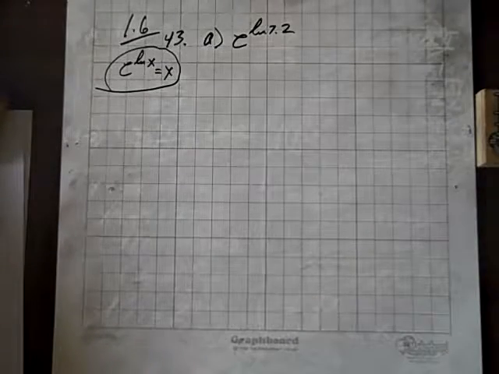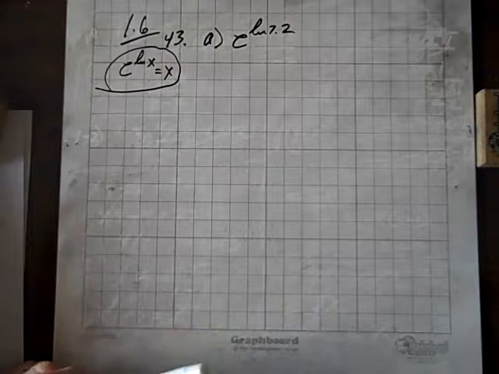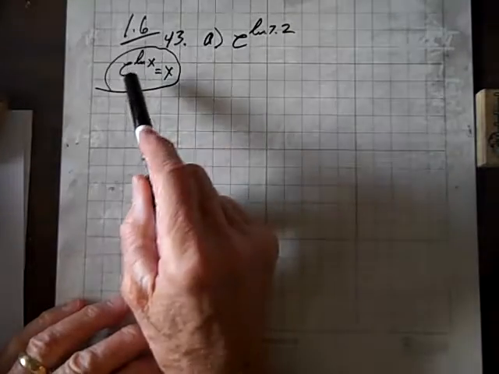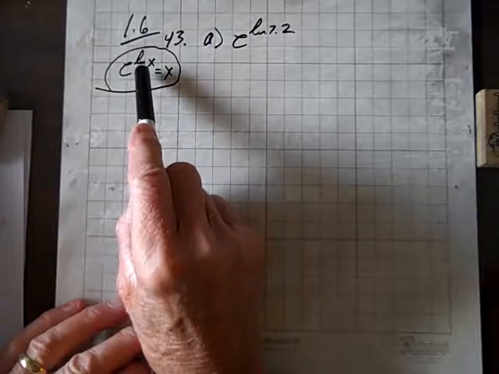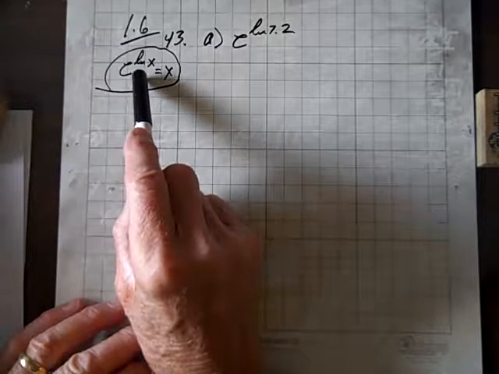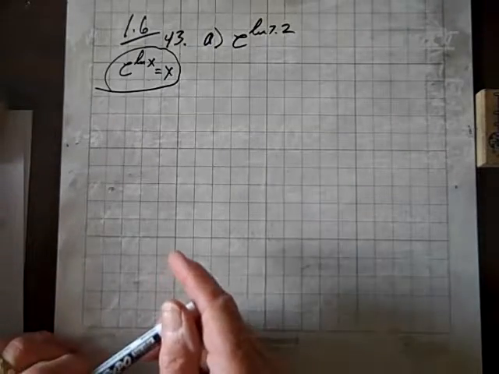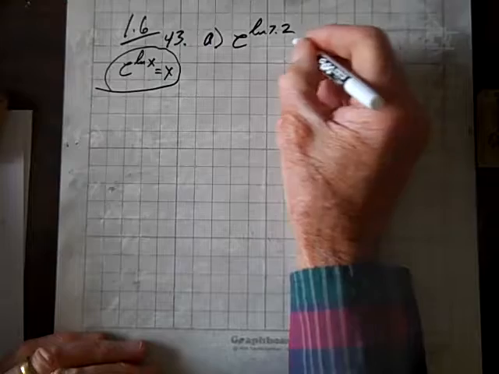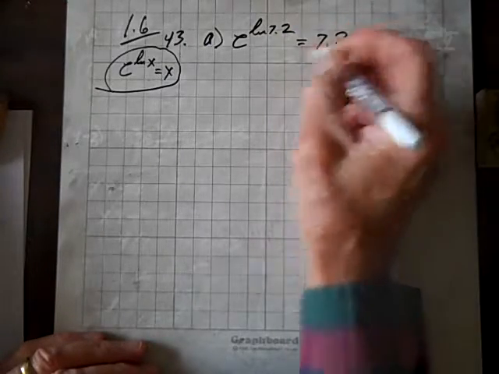Now we're on 1.6 doing question 43, and there's 3 parts, A, B, and C. And we know that this is a composite function of f and f inverse, where f of x would equal e to the x, and f inverse of x could equal ln of x, or vice versa. So then this simply equals 7.2.